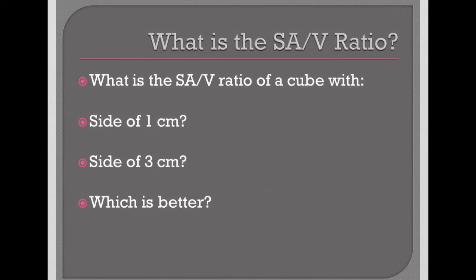This is a common question for this unit. What's the surface area to volume ratio of a cube with, for example, the side of 1 centimeter? We'll do this on the other page. If I have a cube, side of 1 centimeter, which means all sides are 1 centimeter.